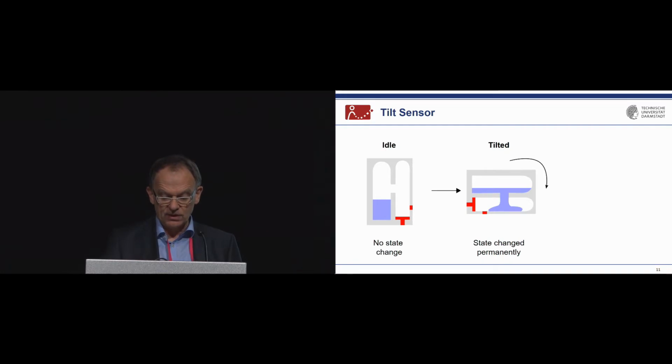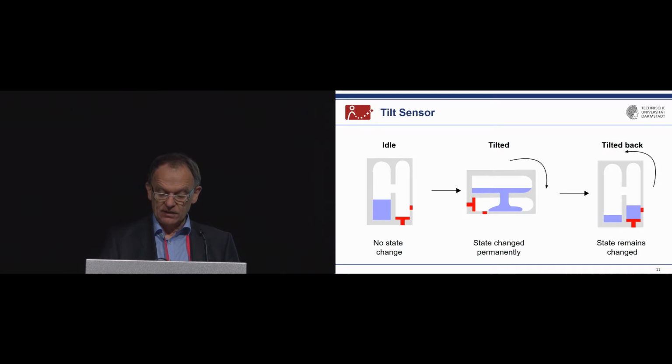Now, if you tilt this, obviously the liquid would flow from one chamber to the other. And as you put it back, the detected event remains persistent, and that's the important part of it, because you will only read it out after the process has happened. So this state change that is irreversible under the conditions in place, that's the important thing.